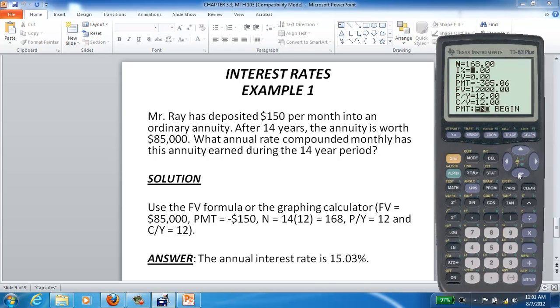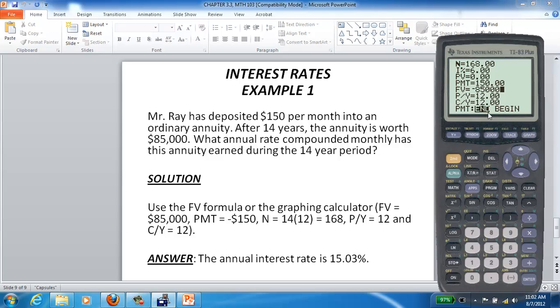The interest rate is the unknown, the payment is $150. Now for the future value, we have to do the same steps as in the previous chapter. That means if the payment and the future value are given, one has to be negative and the other has to be positive. So in this case we use the negative sign, negative 85,000. It doesn't matter if the negative is on the payment or on the future value.